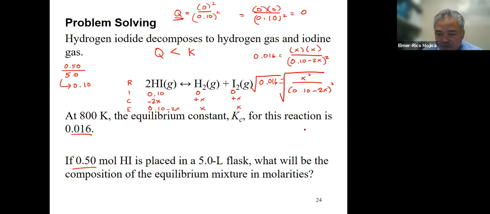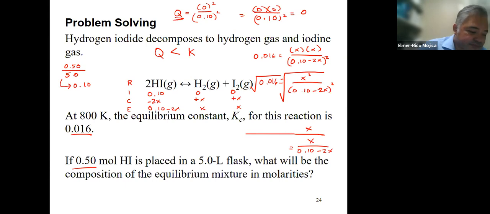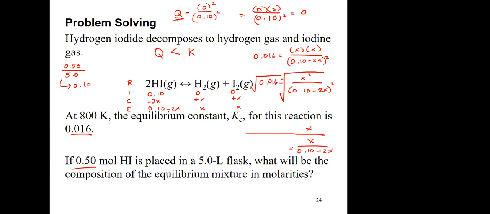So you end up with x over 0.1 minus 2x. Now what is the square root of 0.016? 0.13.